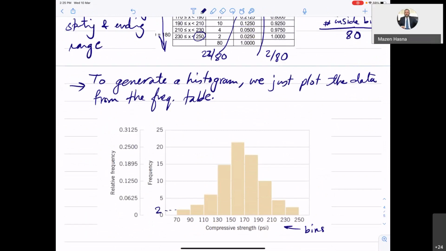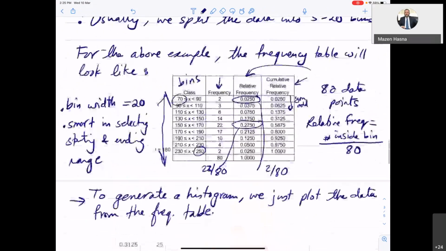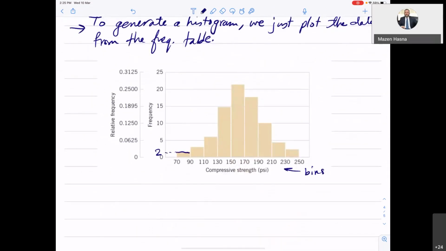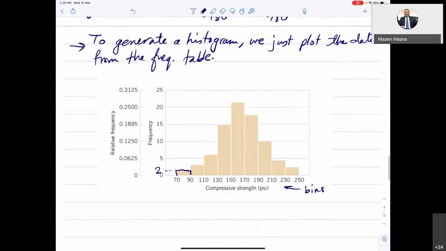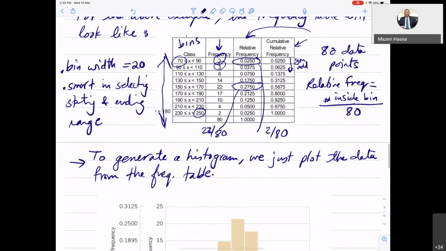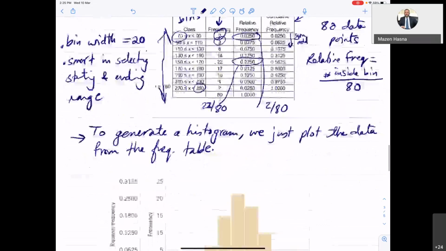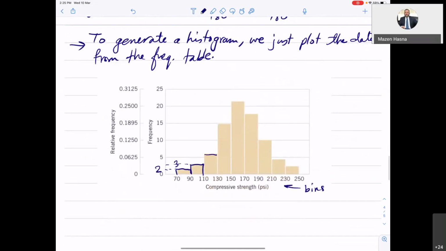So here I have two data points between 70 and 90, so I plot a box of height 2. Between 90 and 110 I have 3, then I plot a box of height 3, and so on. Between 110 and 130 I have 6, and so on.